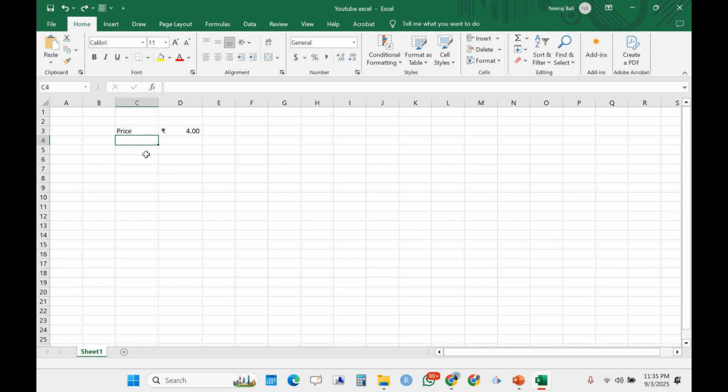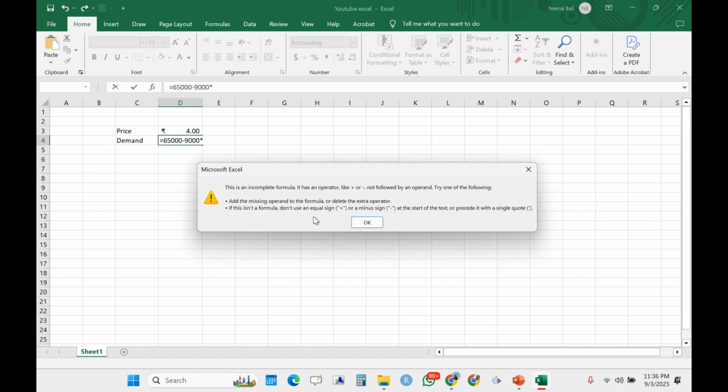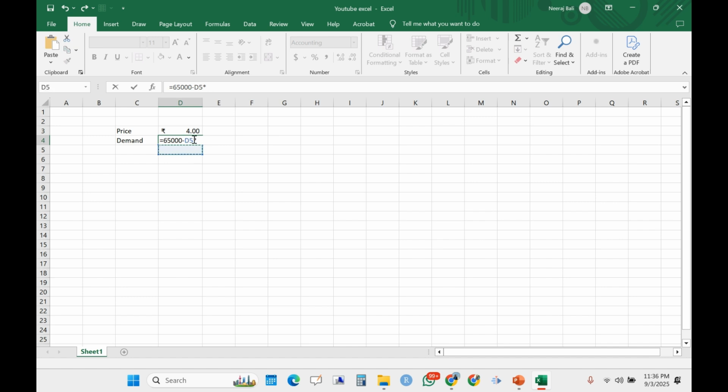Then we are going to calculate the demand. What is the demand? Say we assume that 65,000 units is the demand presently, and then we subtract 9,000 into price. Oops, I have to write equal to, sorry.